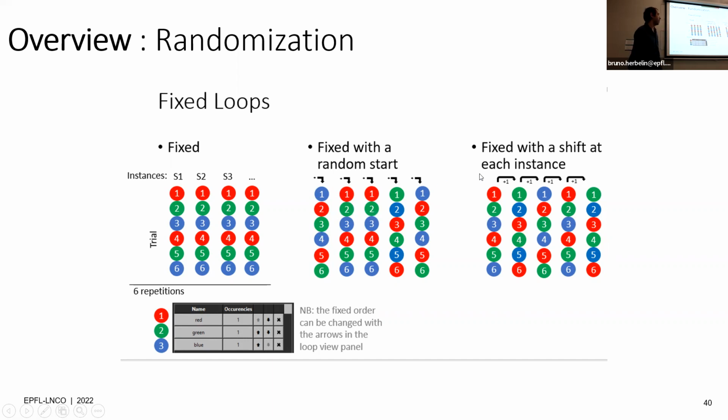Or we can shift by using the instance ID. We'll see later, but the idea behind the randomization in XVR is to generate randomization for every participant in a row, meaning you will have balanced randomization. And after, you choose one of the instance files to load your current randomization for your current subject.